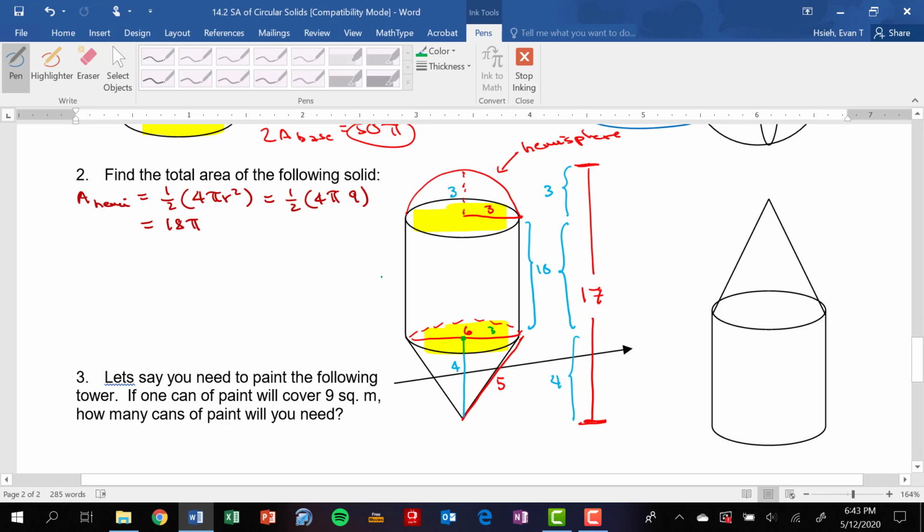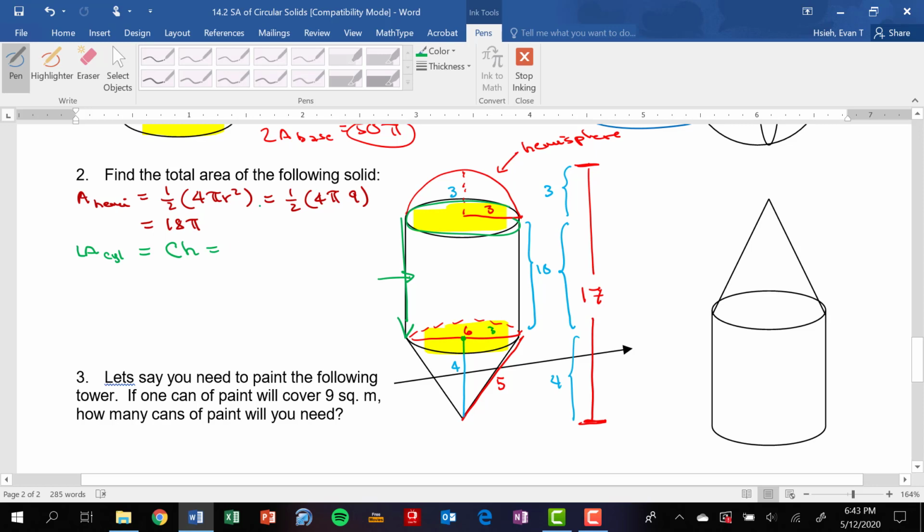This middle section here is just going to be the same thing as the lateral area of a cylinder. And we know that the lateral area of a cylinder is just the circumference of the base times its height. So it's circumference times the height.